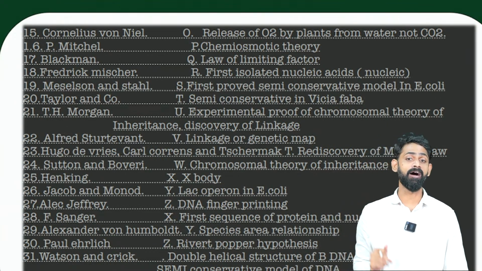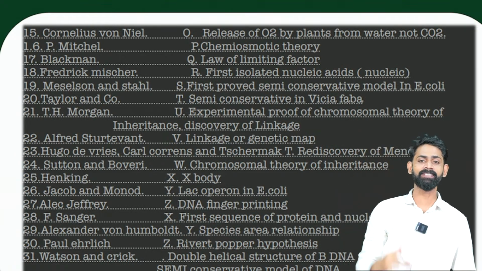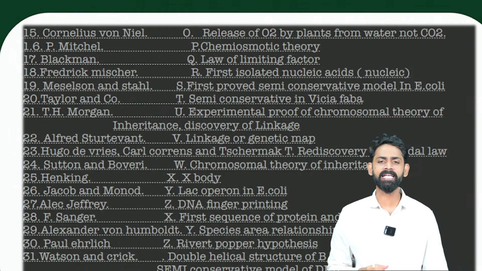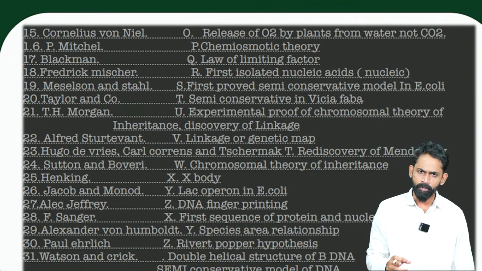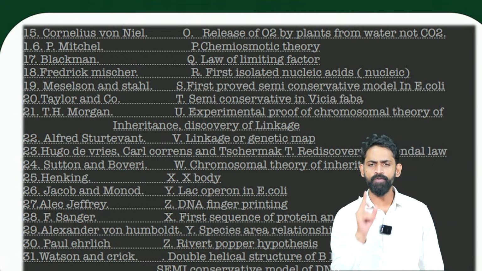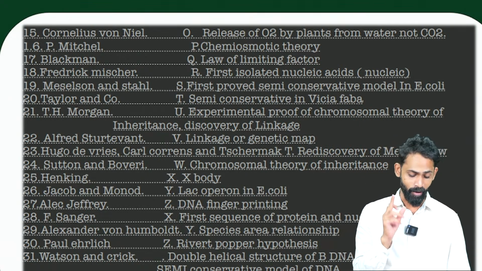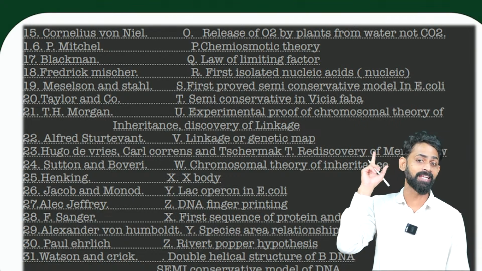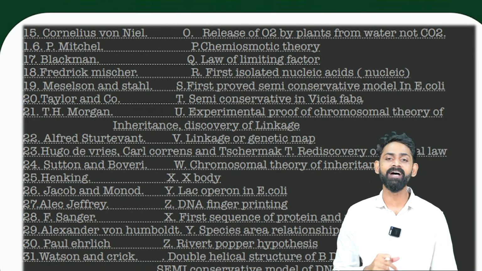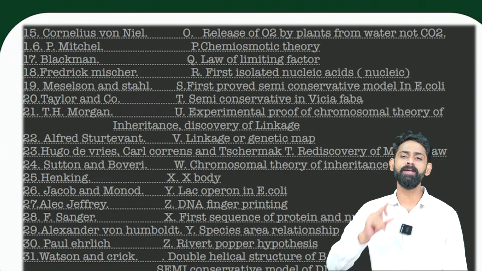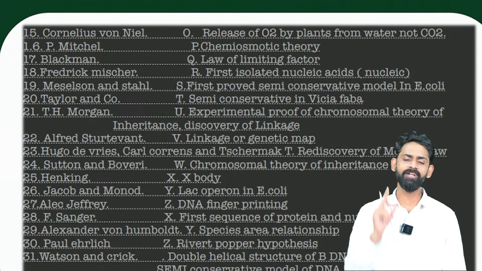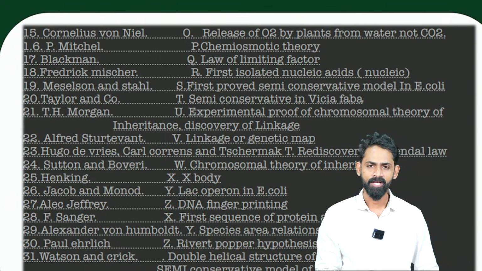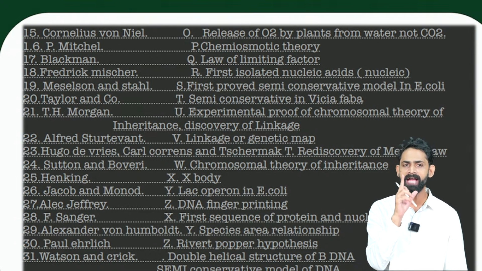Next, a great thing, almost peak level: Dr. Peter Mitchell gave the chemiosmotic theory, which explained the formation of ATP during both oxidative phosphorylation and photophosphorylation. Blackman's law of limiting factor: when a reaction is controlled by more than one factor, the rate of the reaction is determined by the factor present in the minimal concentration.